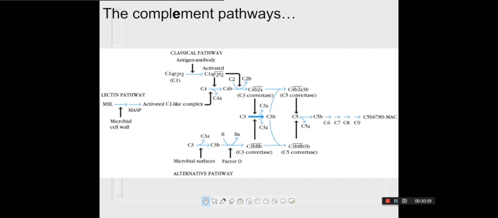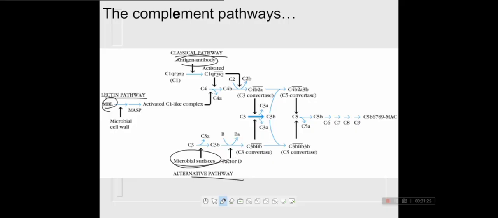Now the complement pathway. See, this is the combination of all the complement pathways. This is the lectin pathway, this is the classical pathway, and this is the alternative pathway. In the lectin pathway, MBL is used. In the classical pathway, antigen antibody is used, and in the alternative pathway, microbial surface is used.